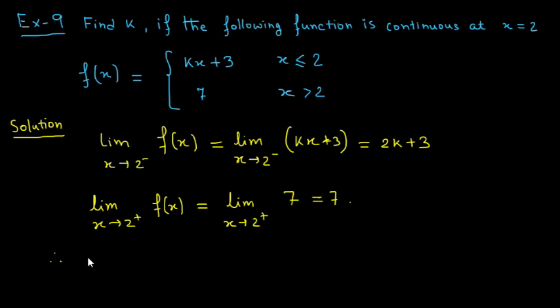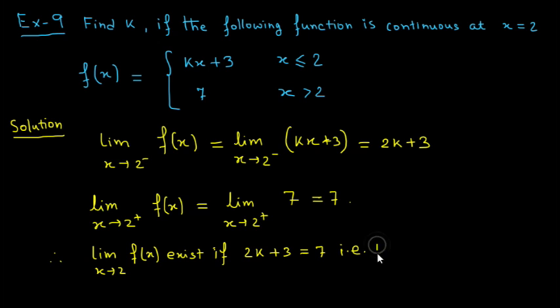Therefore, limit x tends to 2 f(x) exists if 2k plus 3 is equal to 7. That is, k is equal to 2.